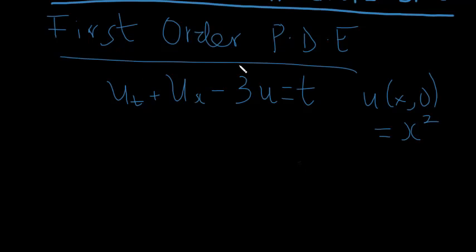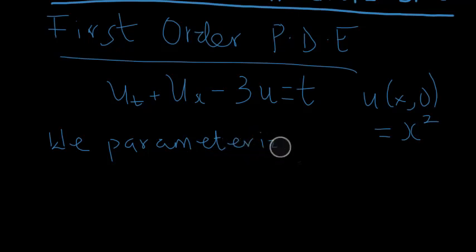So what we first do is to parameterize. We parameterize the terms u, x and t with respect to a different variable.